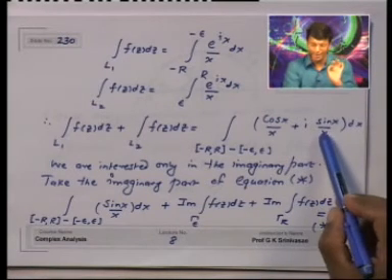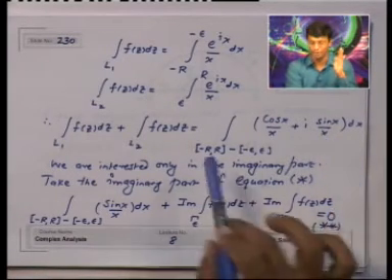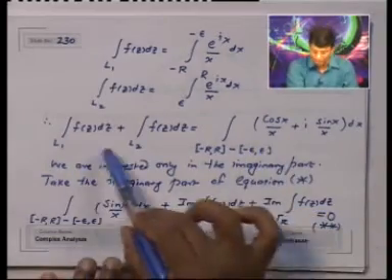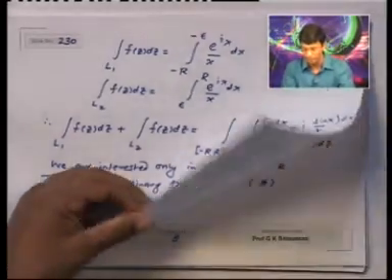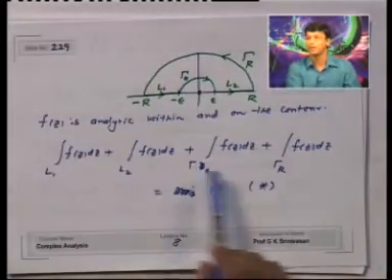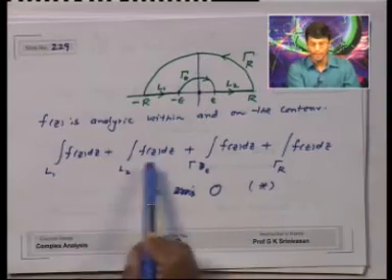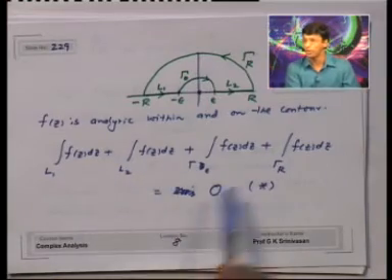Or you are really interested only in the imaginary part, the real part does not contribute. So, take the imaginary part of the whole thing. Here is your big equation. From this equation, simply take the imaginary part of the whole equation.